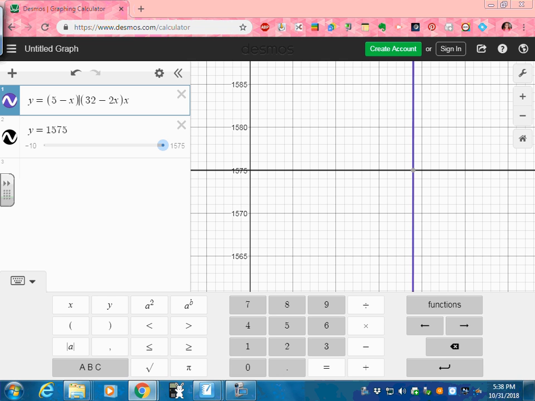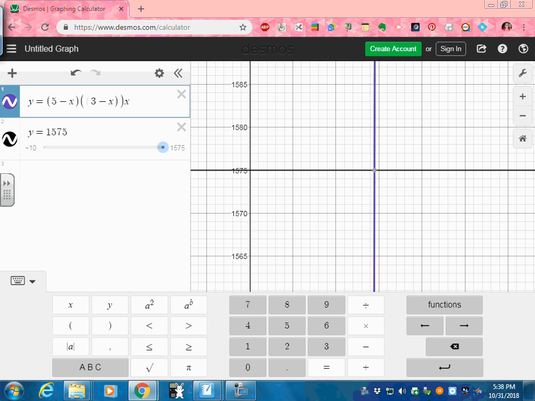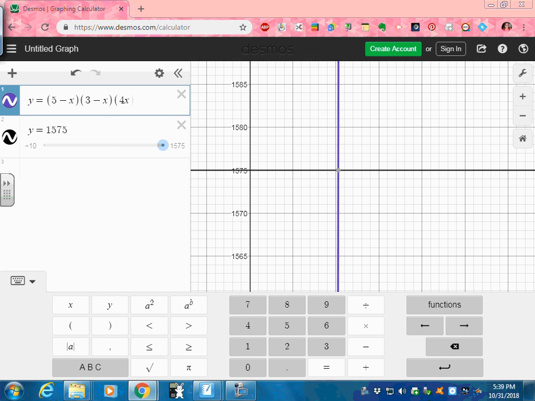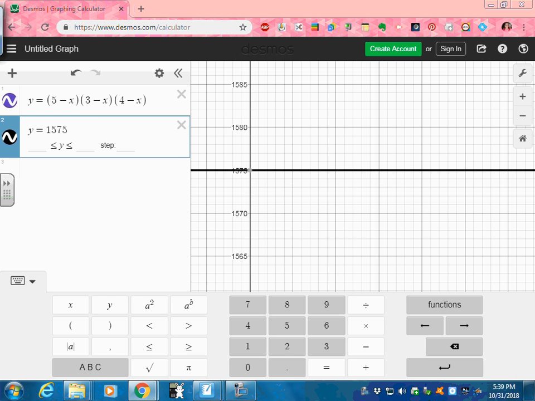Okay, now try again. Now I want to do 3 minus x and 4 minus x. Okay, parentheses. And now go over and back and do a new parentheses and do 4 minus x and do a parentheses on the end. Okay. All right, so now I got it all. Now I don't want this to be 1575. We want it to equal 24.